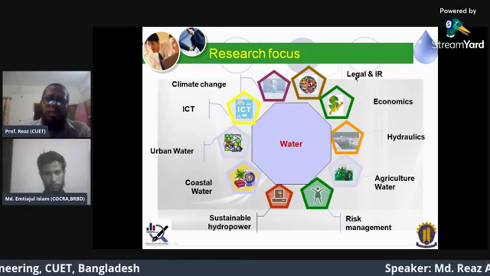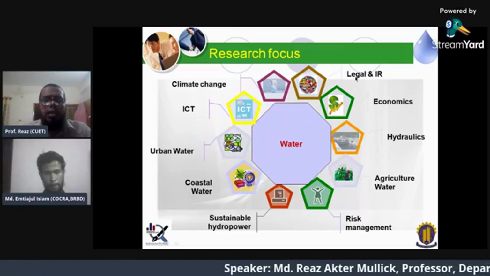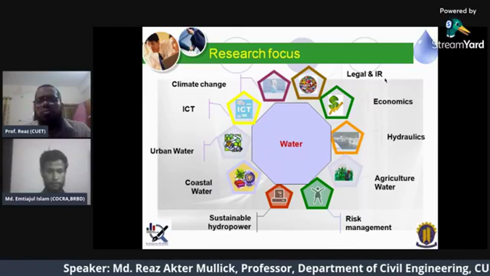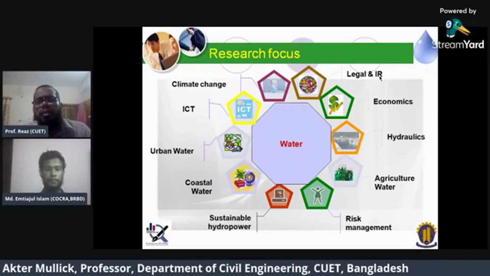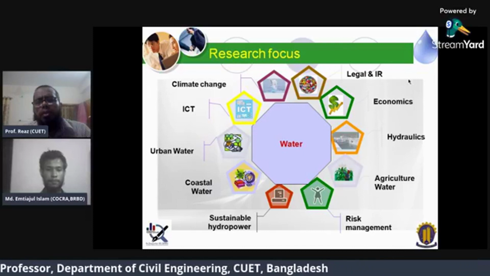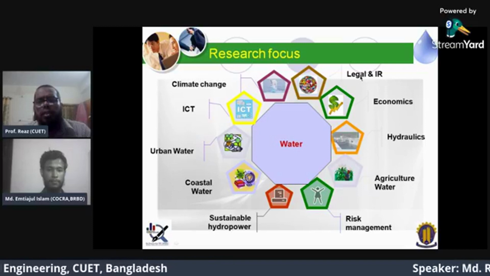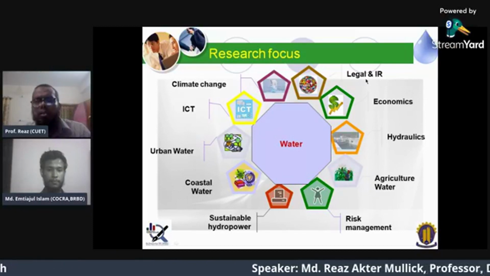The water resources law is another important topic. Many issues are going to the international court in the Hague, in the Netherlands, on water issues. Some countries sue another country. The international relationship is sometimes based on the water resources.